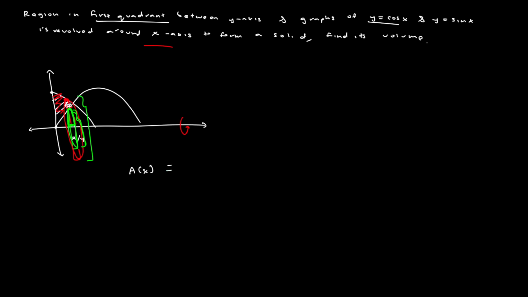It is determined by the radius given by cosine x, so that is simply pi times cosine squared x. The radius of the green region is determined by the bottom function, which is sine x, so its area will be pi times sine squared x.